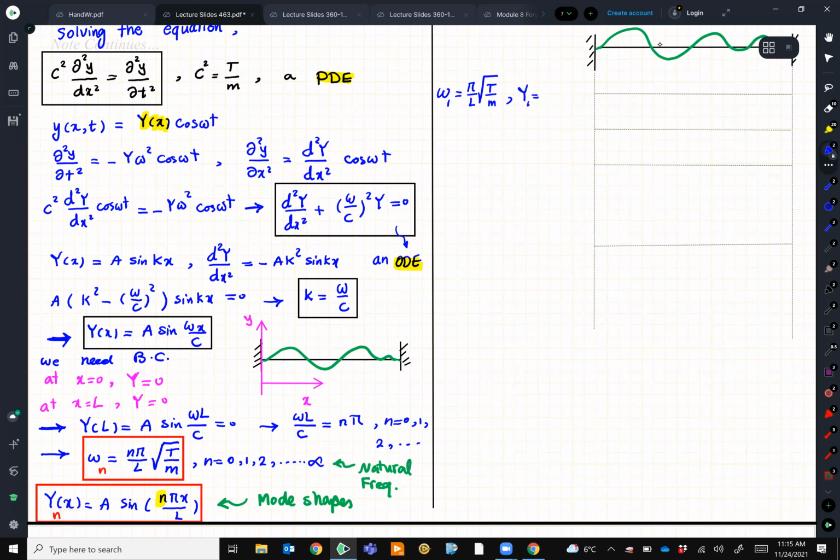A is just a scaling factor, we just skip it for now. It is sine pi x over L, which is half a sine, right? And it has this form.